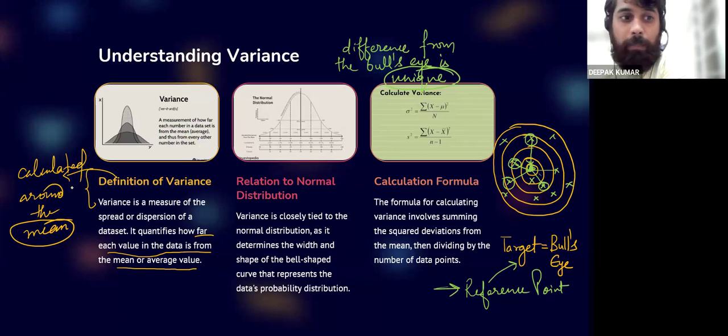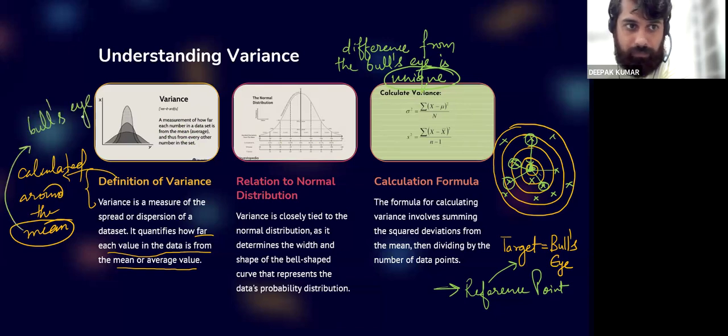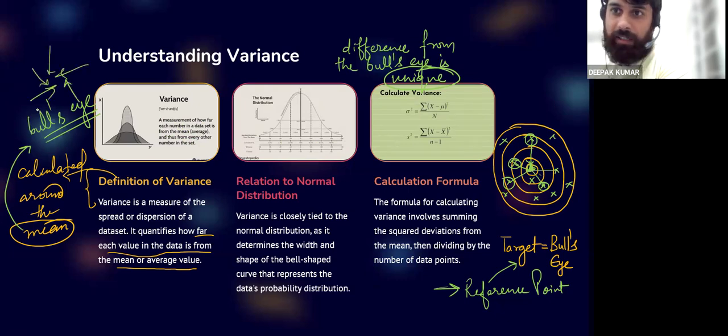So here the mean or average will be considered as bullseye. Hope I make sense, because around bullseye we are hitting the target. Here also around the mean we are having the data.